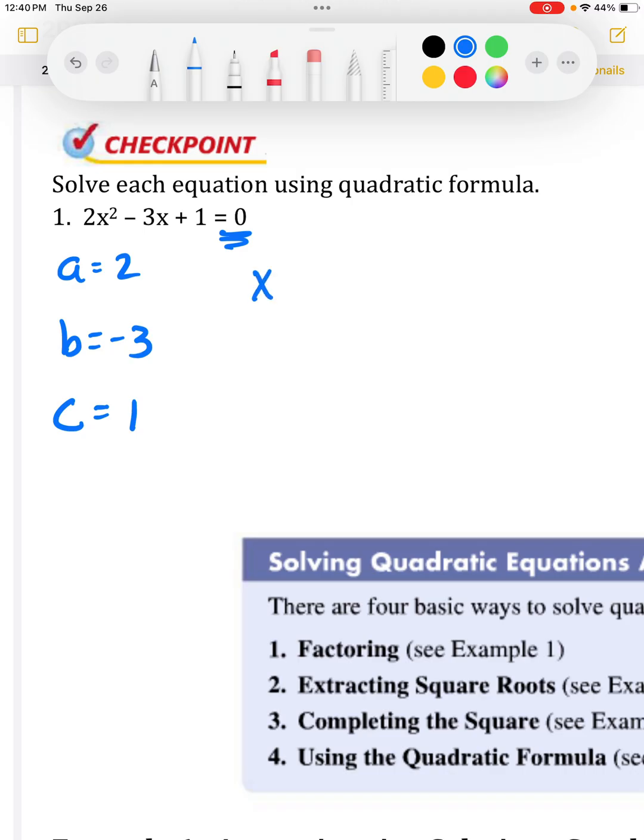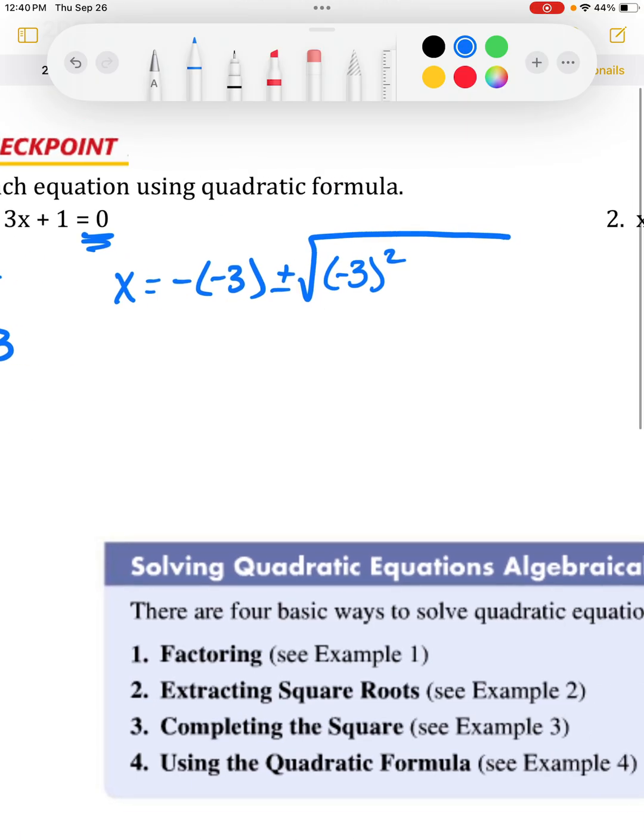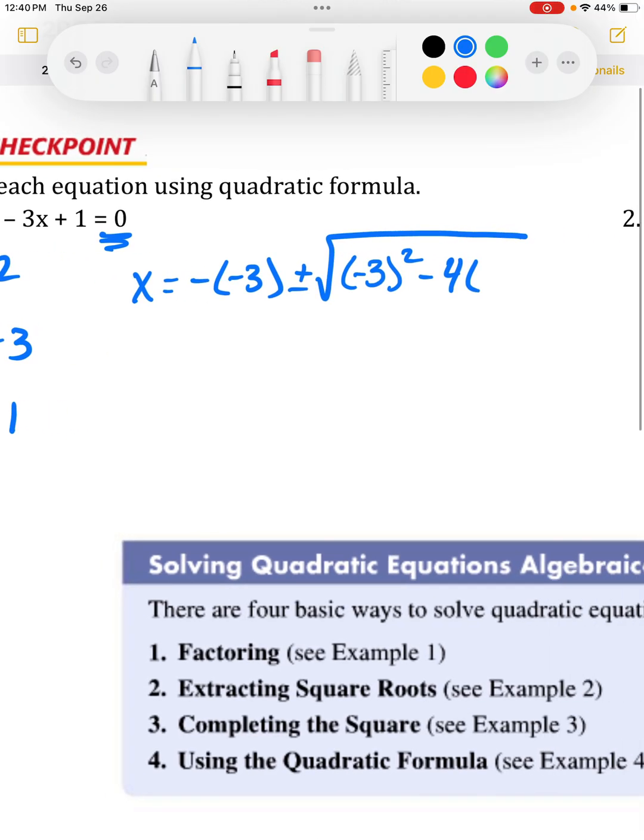So I have x equals negative negative 3, because remember it's negative b, plus or minus the square root of negative 3 squared minus 4 times A, which was 2, and C was 1, all over 2 times 2.